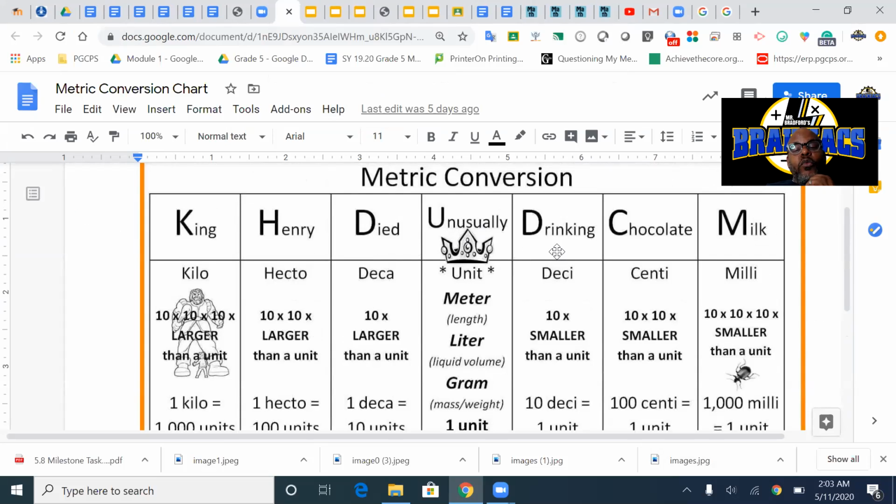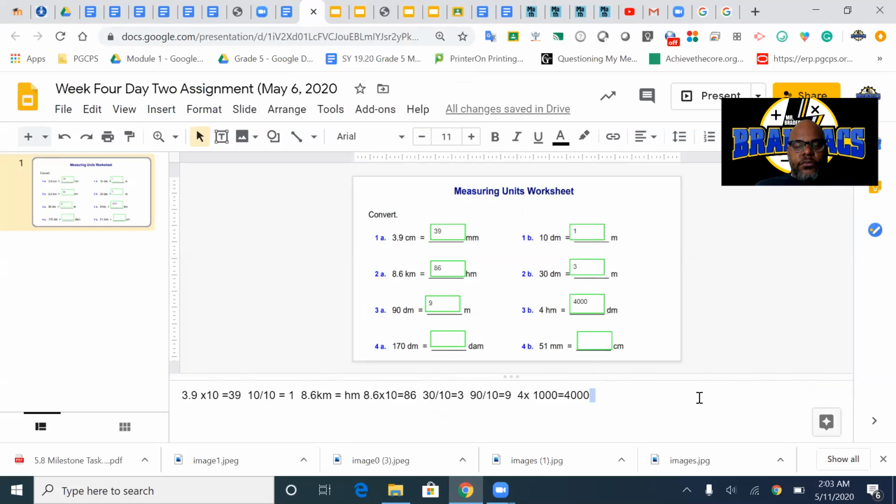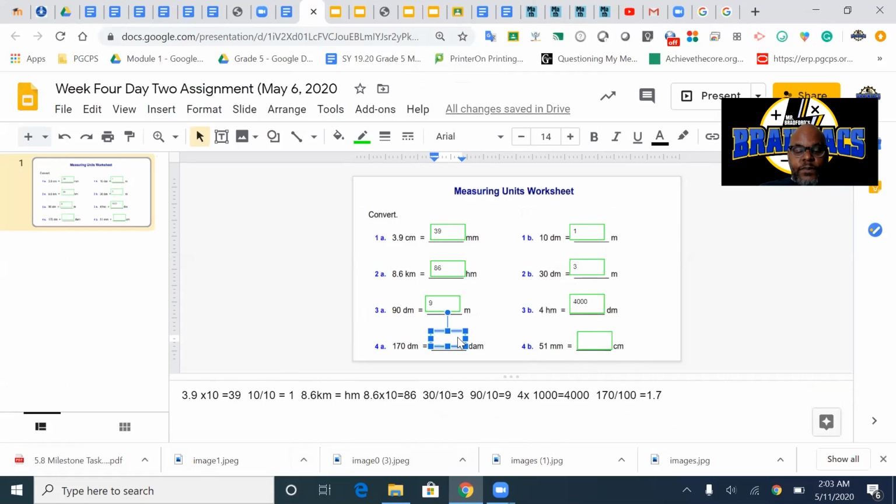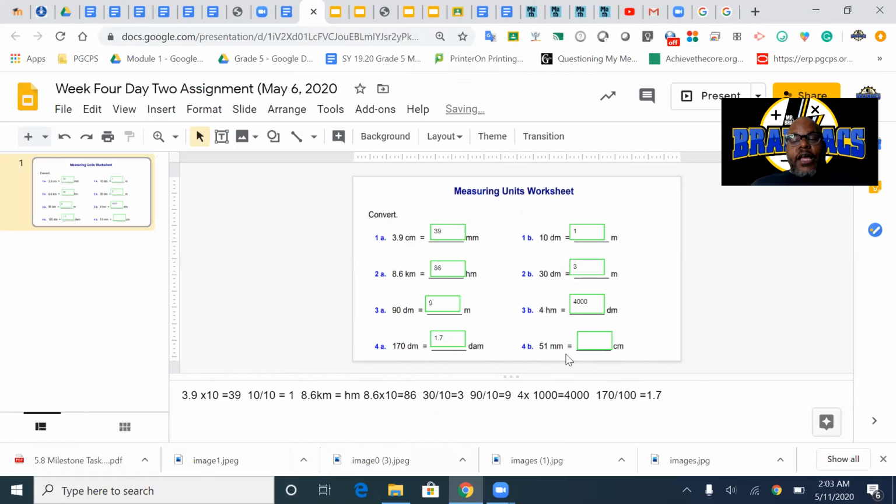So we're going to take that 170 and divide it by 100. Or we're moving the decimal place 2 places over to the left, which makes that 1.7. Great job.